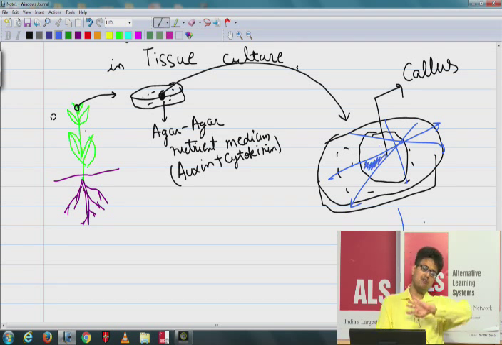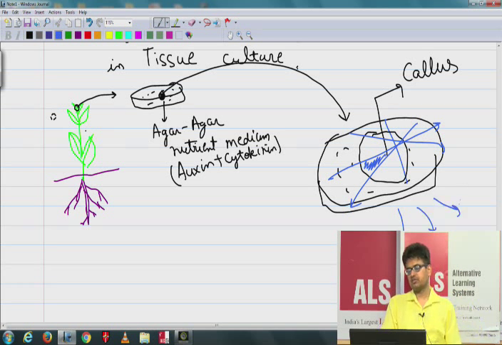I will use every part actually. All these parts, 8 or 16, whatever they might be, I will use all these parts. Now I will put it in a separate medium.